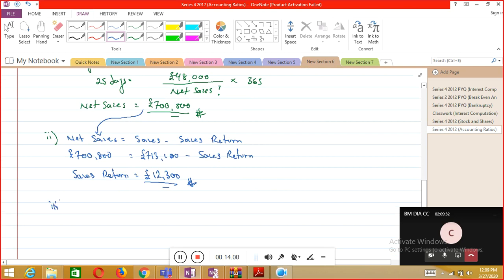If you still remember, I gave you this formula, expenses percentage: you take your expenses divided by net sales times 100.